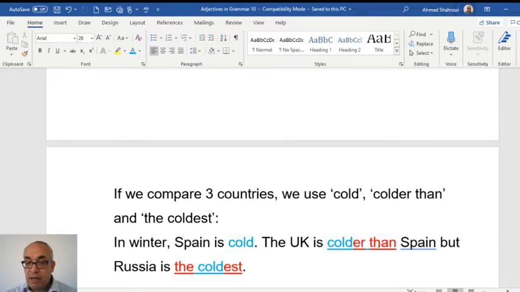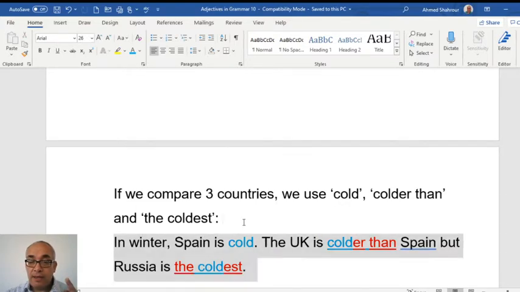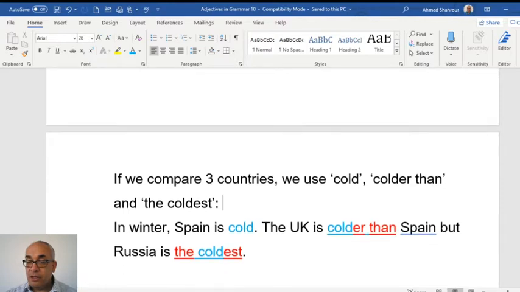We add er and than to compare two things, and we add the and the est to compare three countries. I repeat, in winter, Spain is cold. The UK is colder than Spain, but Russia is the coldest. And this sentence, we use if I compare three things, three countries, if you want.